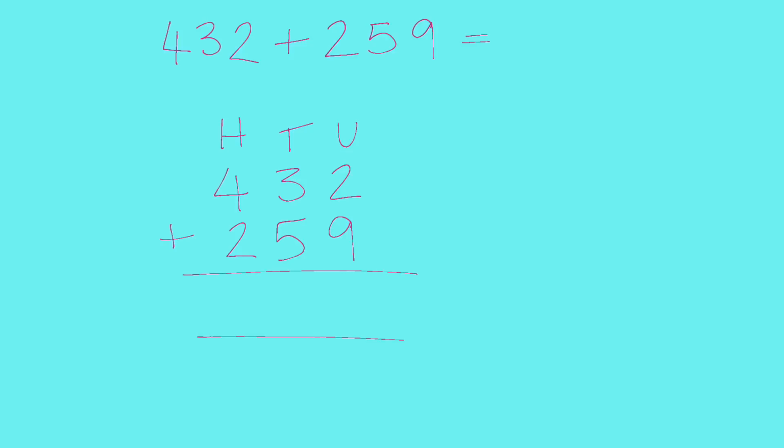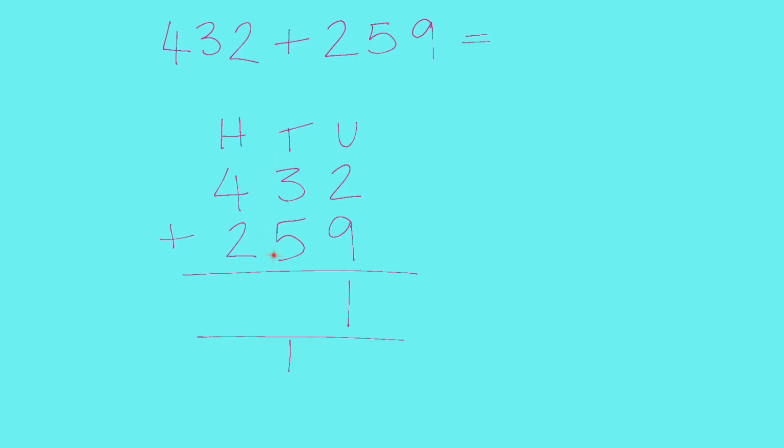Let's have a look at another question. Okay, we have 432 plus 259. So the first thing we're going to do, set it out correctly using our hundreds, tens and units columns. So first things first, the units, 9 plus 2. 9 plus 2 is 11, 1 in the units and 1 underneath the tens column. Then we're going to look at the tens.